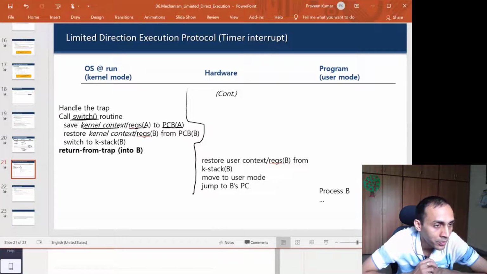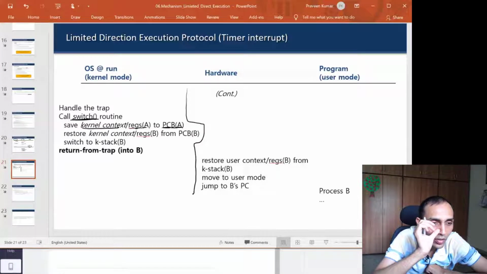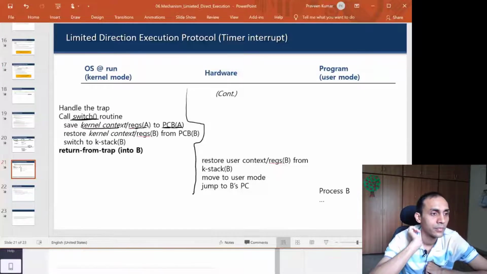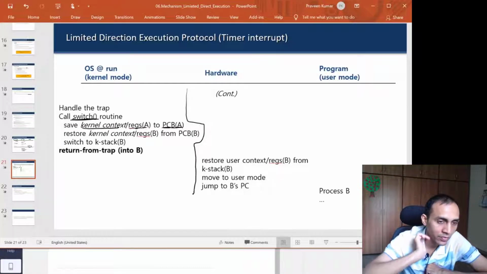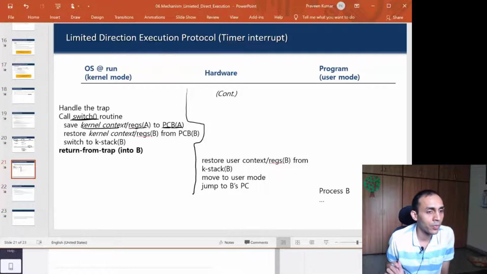We have talked about what a PCB is. Anybody remembers? PCB of a process, what is the full form? Process control block. So what is it basically? It's a data structure which stores all the relevant information about that process.